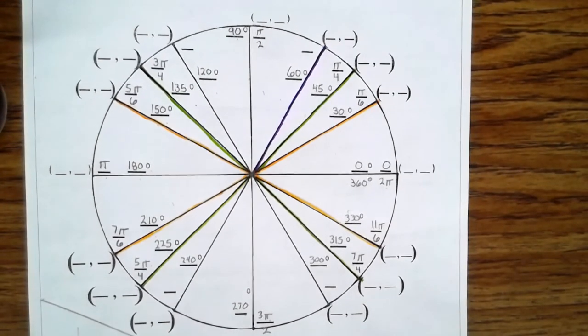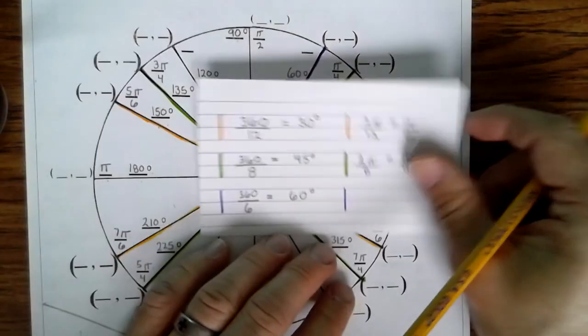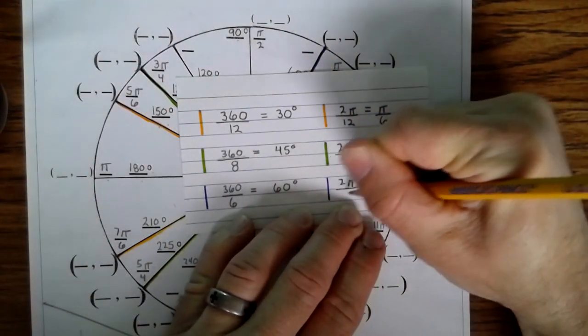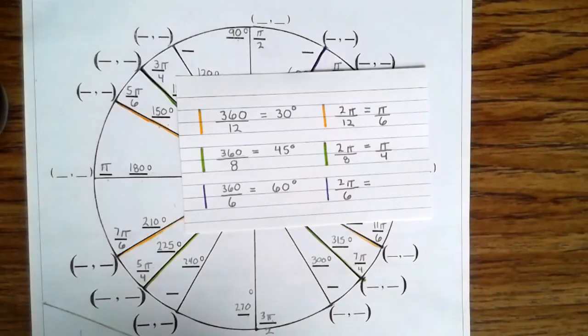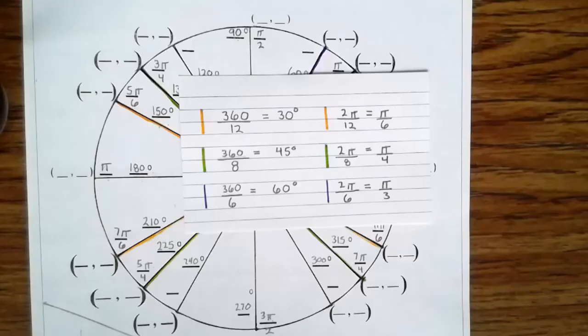All right. Now the next piece is 2 pi divided by 6, which reduces to be pi divided by 3. Okay.